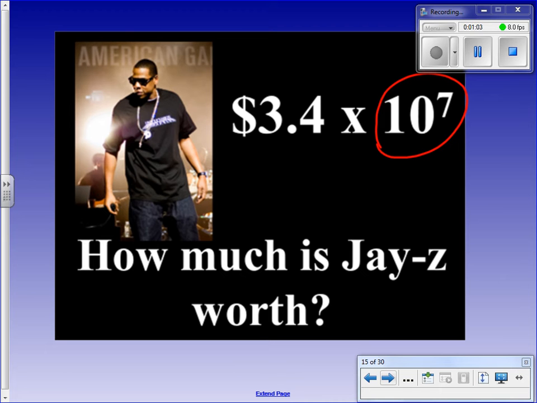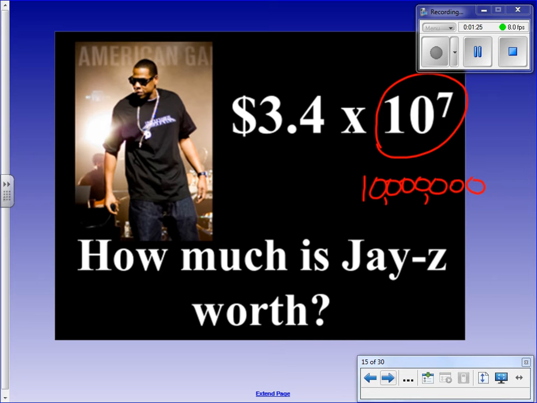So we have 7 zeros here. So JZ is worth 3.4 times 10 million, okay?